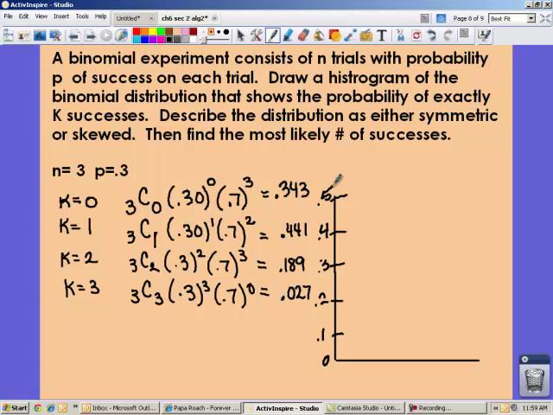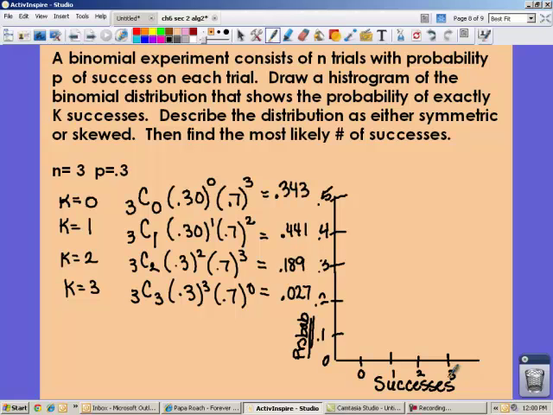And you want to put a label, so this would be probability over here. I don't have much room to write it, but make sure you do. And then on the bottom we have successes. And we have 0, 1, 2, and 3.